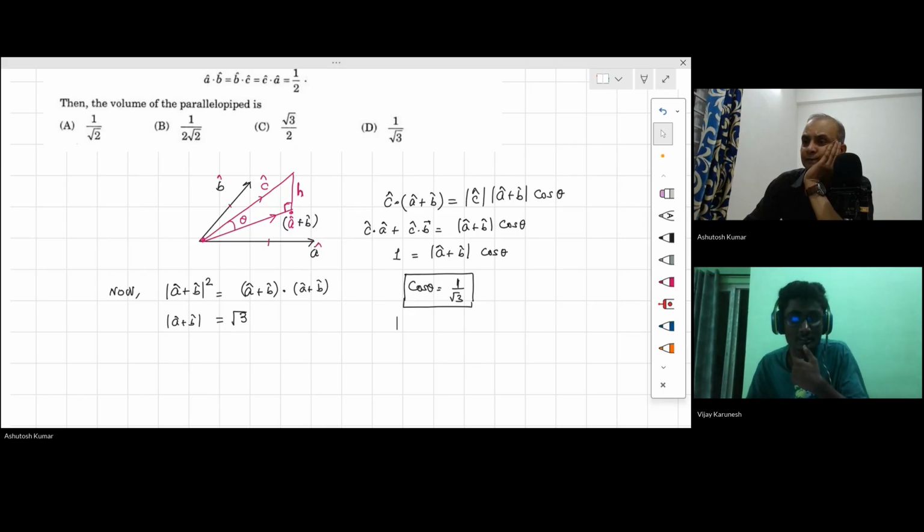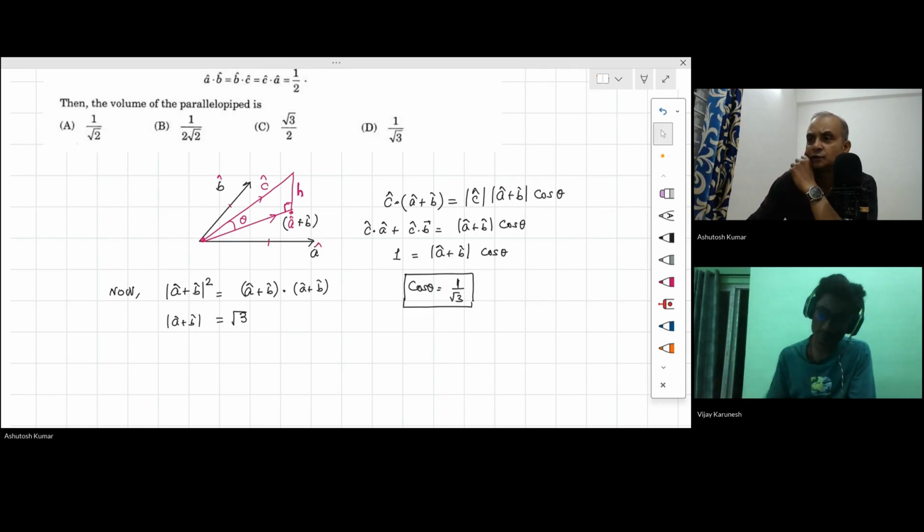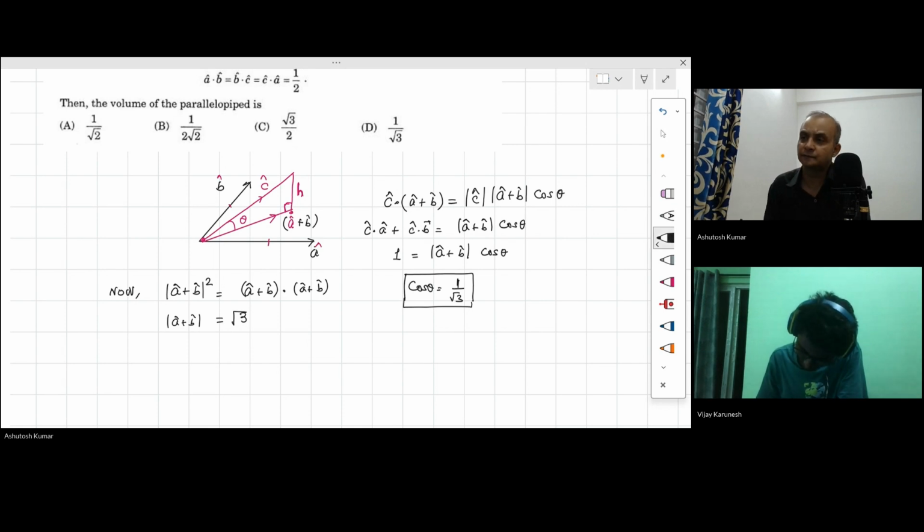What is that? H we can write as tan theta. H we can write as either tan theta or sin theta directly. Cos theta is what? Or sin theta directly we can write. Sin theta, this magnitude, we know that.